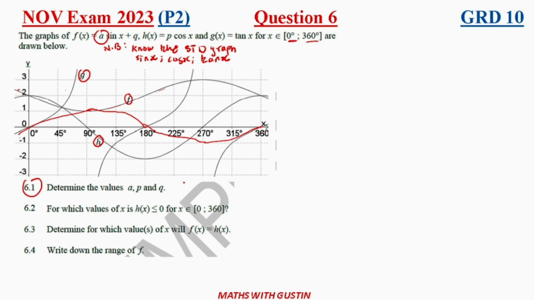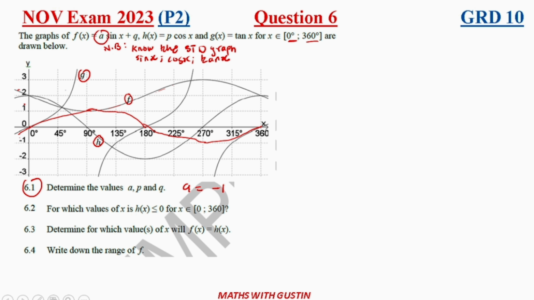So that tells us that a is equal to negative 1, because this graph here is the same, but it has been flipped upside down and then shifted upwards by 2 units.